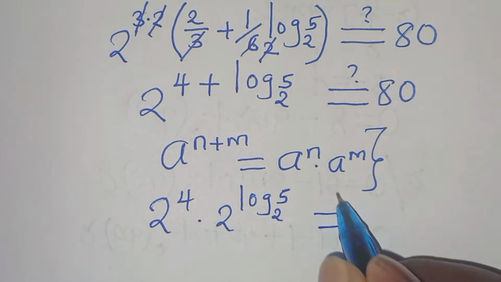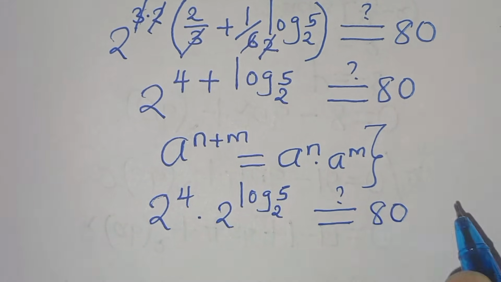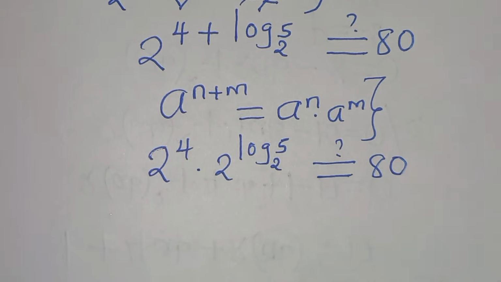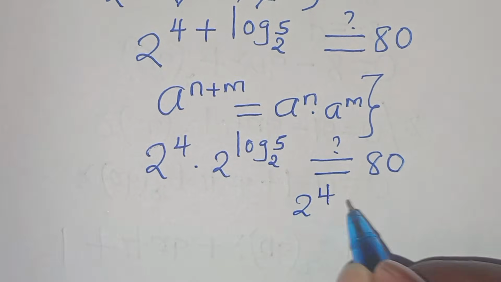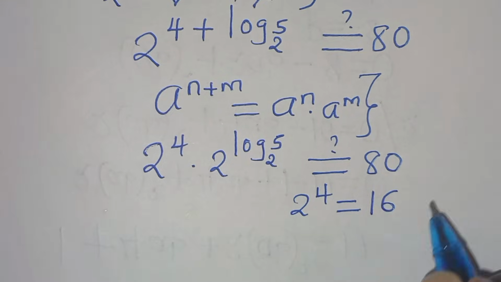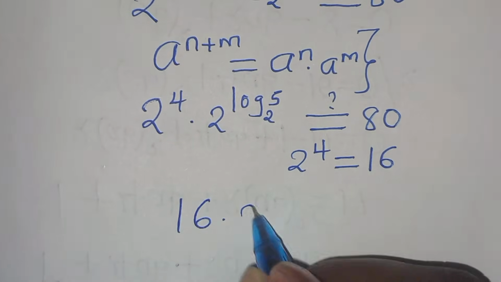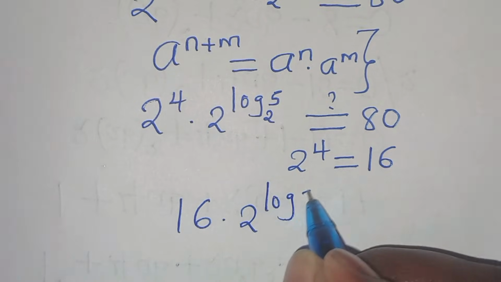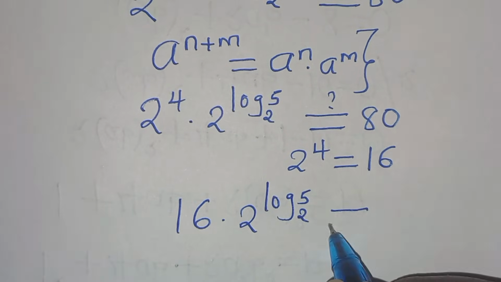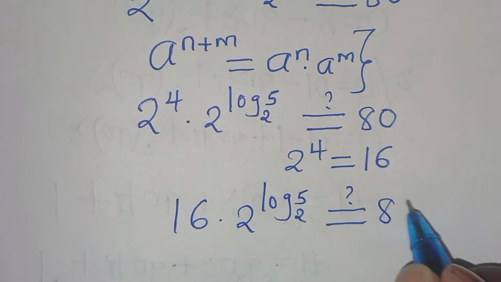This is supposed to give us a value of 80. So 2 to the power of 4 is equal to 16. This means that we have 16 multiplied by 2 to the power of log 5 to base 2. This should give us a value of 80.